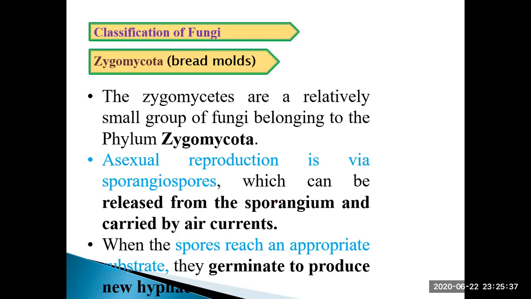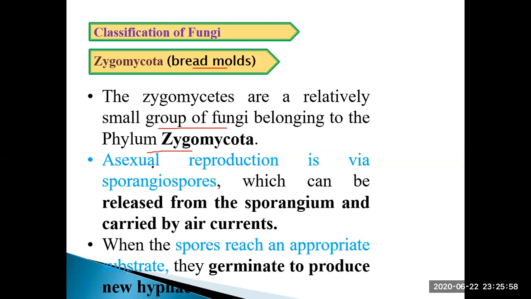After that, our second one is Zygomycota. It is also called bread mold, the mold that is mainly present in bread. It's a small group of fungi belonging to the phylum Zygomycota.